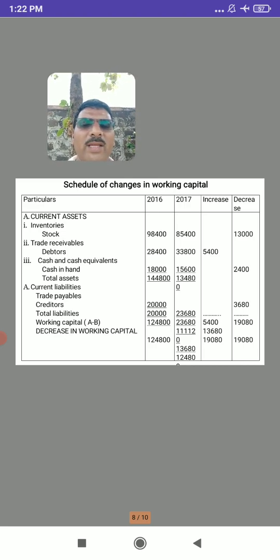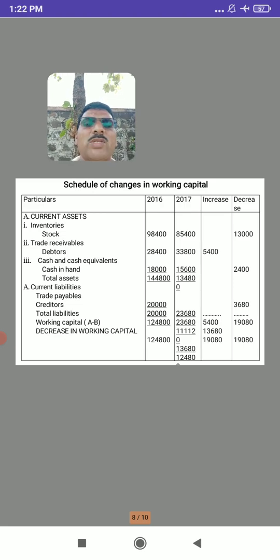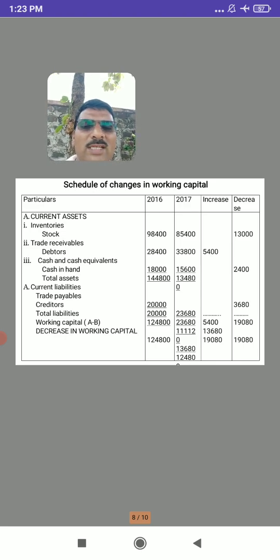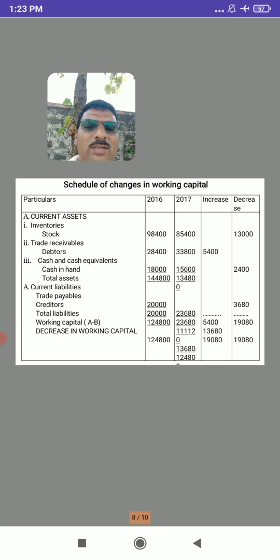Same way in 2017 there was 1,34,800 current assets and the current liability is 23,680. So the balance will be 1,11,120 rupees.